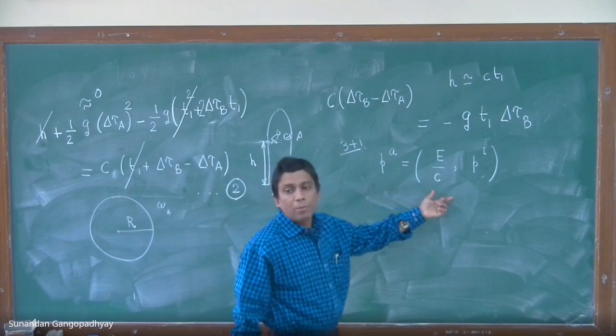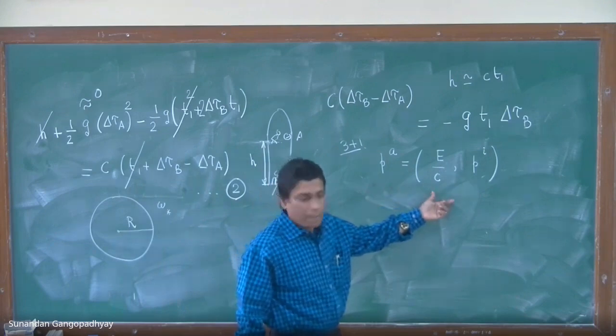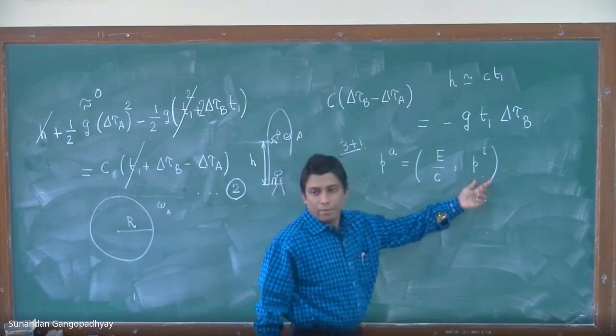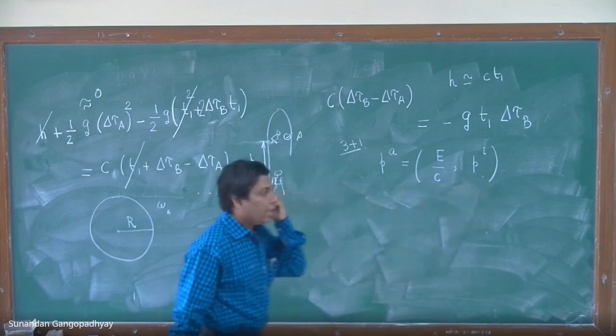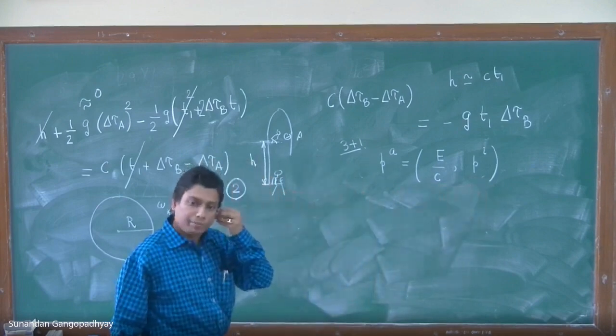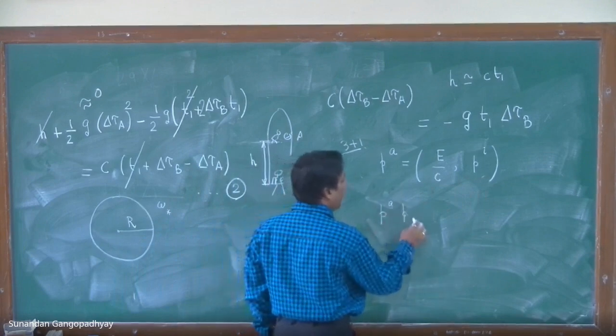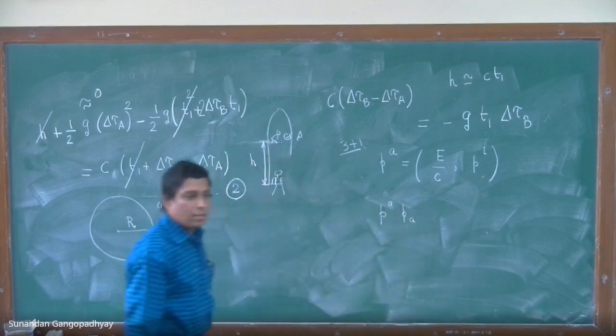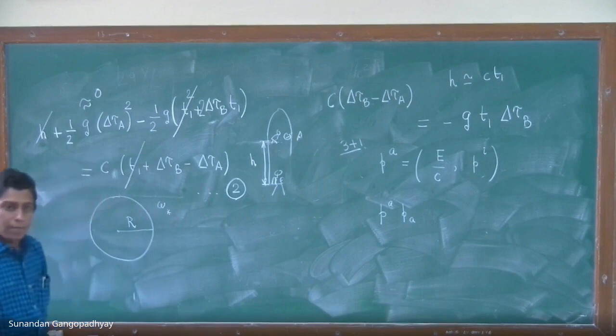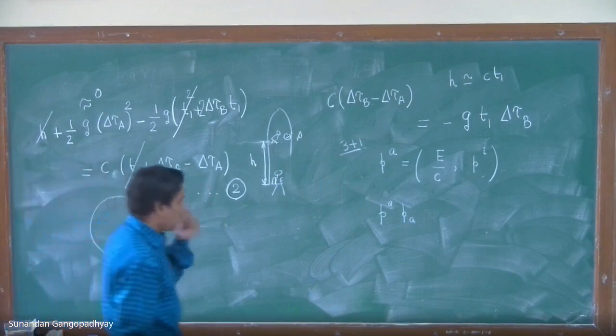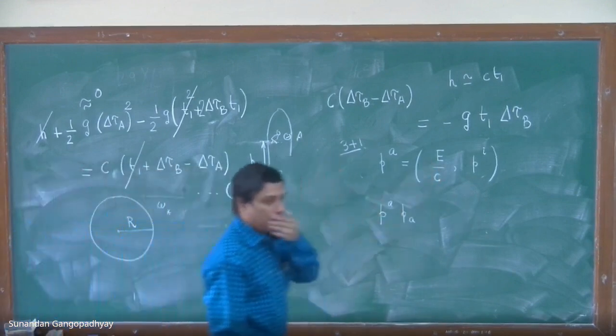What is the zeroth component of this? E by c, and the momentum, the vector component, p^i. What is i? i runs from 1 to 3. And if you calculate p_a p^a, this is a Lorentz invariant, equal to the rest mass squared of the particle. And this is the energy of the particle.